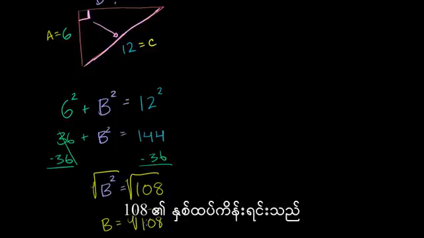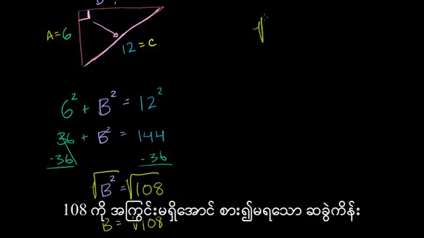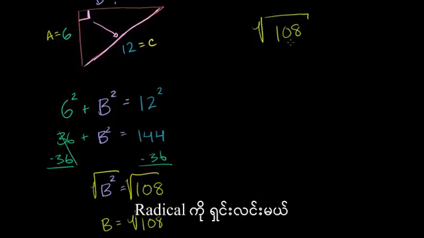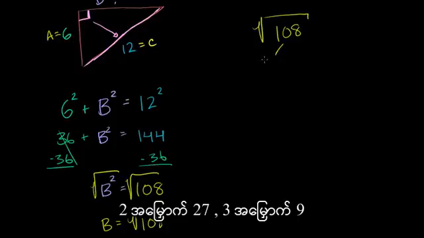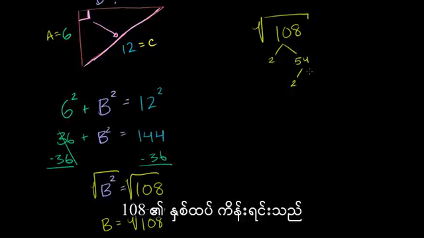Now let's see if we can simplify this a little bit. The square root of 108. And what we could do is we could take the prime factorization of 108 and see how we can simplify this radical. So 108 is the same thing as, let's see, it's the same thing as 2 times 54, which is the same thing as 2 times 27, which is the same thing as 3 times 9.